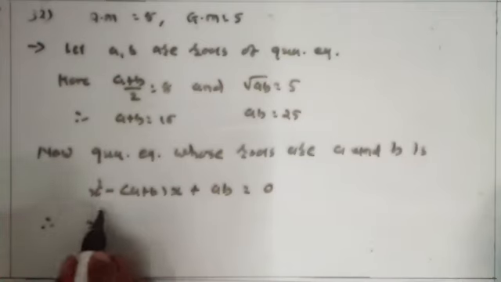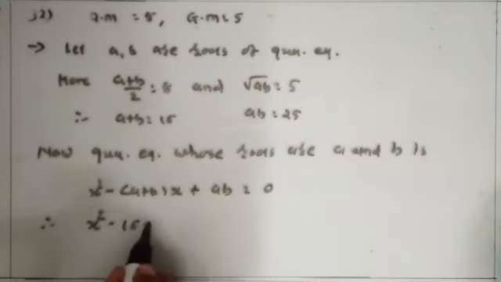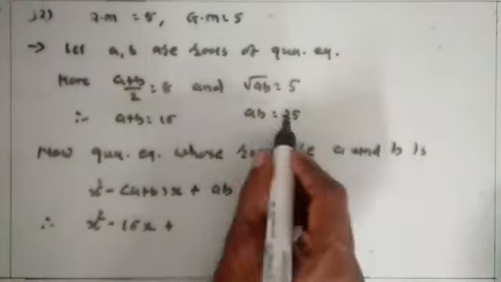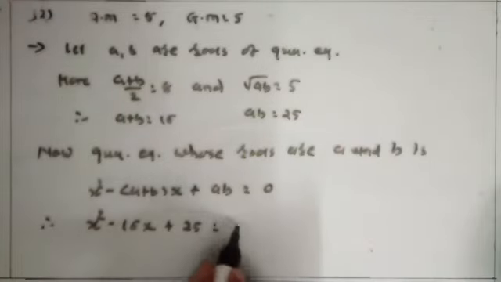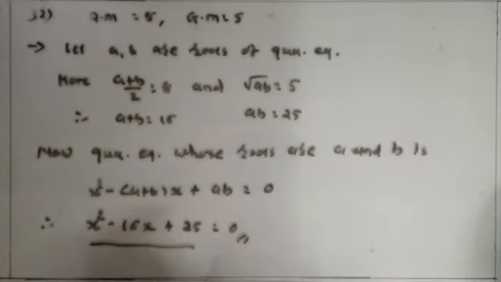Therefore x square minus 16x plus 25 is equal to 0. So this becomes the required quadratic equation. Okay.